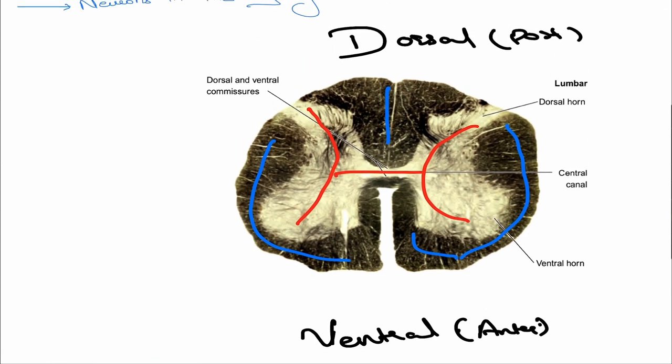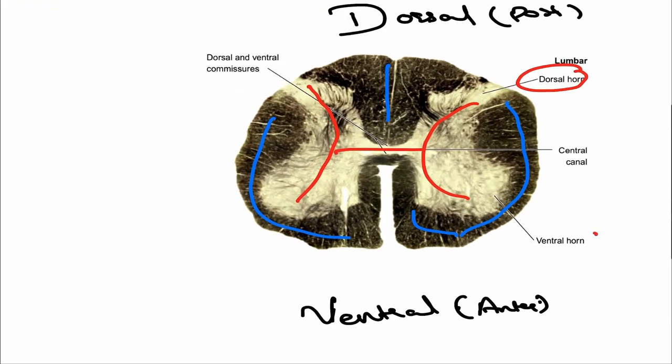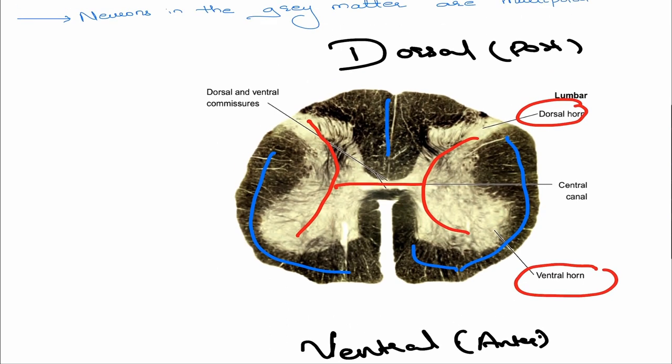Now, not very important, but just understand for this purpose that, as I've told you, the H-shaped is the horn. On the dorsal side you have got a dorsal horn, and there is a ventral horn of the spinal cord. This is the gray matter, dorsal and ventral.